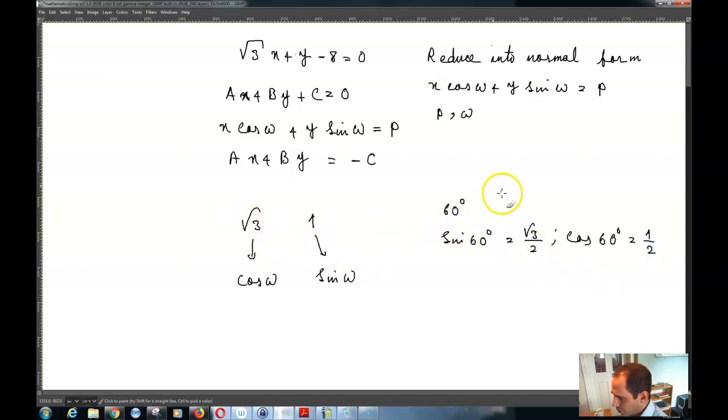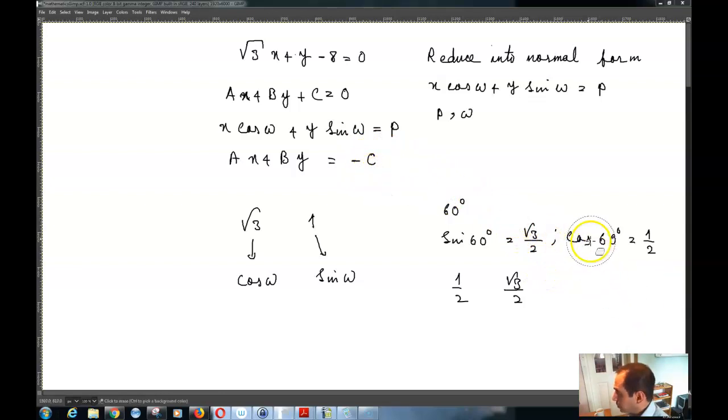Now, if these two numbers were 1 by 2 and square root of 3 by 2, then you would write it as cos 60 degrees and sine 60 degrees, and make some changes to this part of the equation, and then you would write it in the normal form. But sometimes it's even impossible to write your equation in normal form.